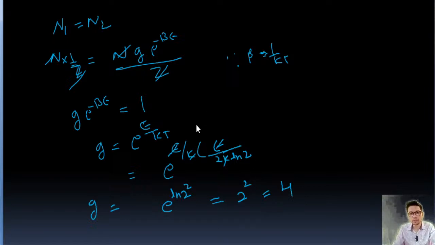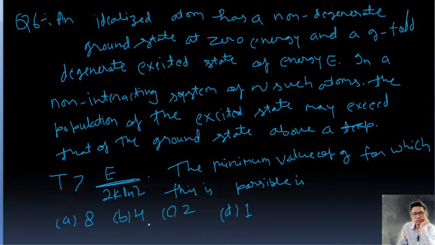So the minimum value of g for which this is possible is 4. Okay, which option is matching, guys? Option B is matching. I hope, guys, you have understood it. Very good question, guys.